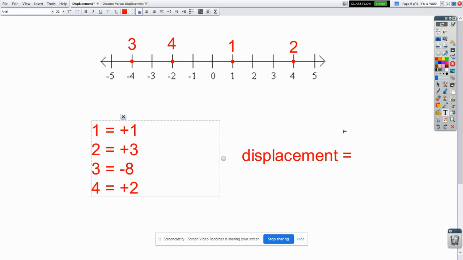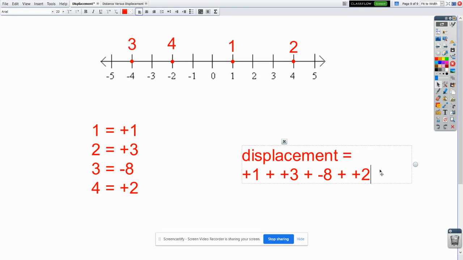Now to do our displacement, again, we're just going to add these things together using their signs. So positive 1 plus positive 3 plus -8 plus positive 2.